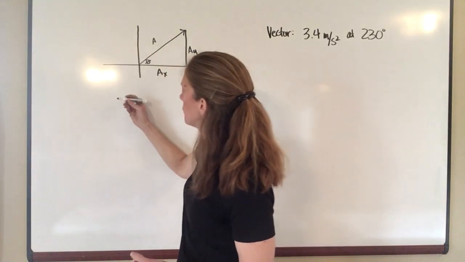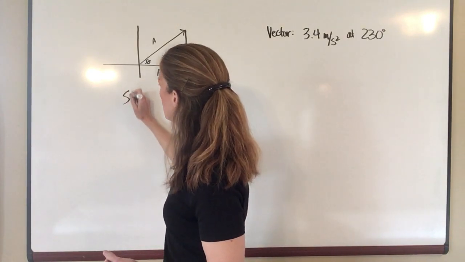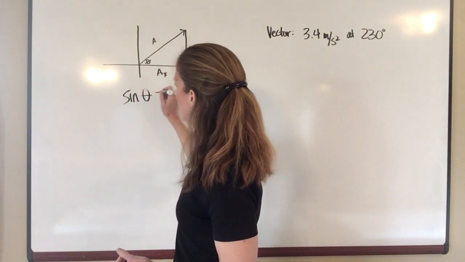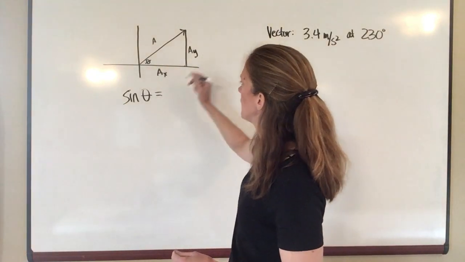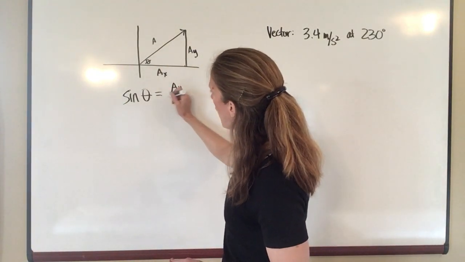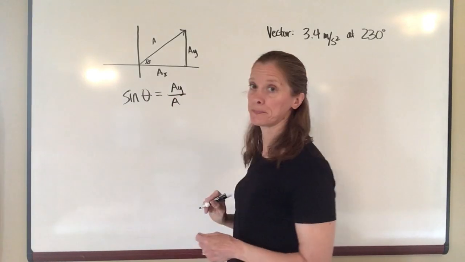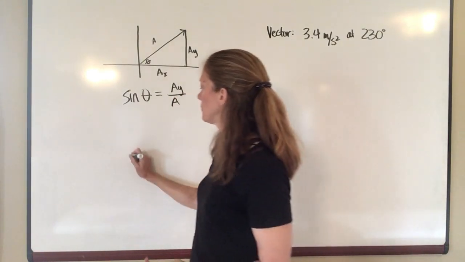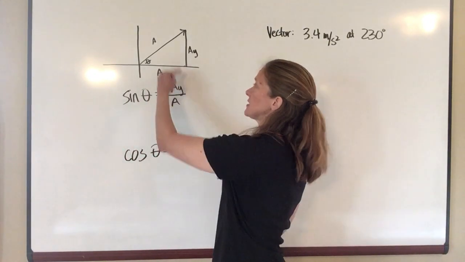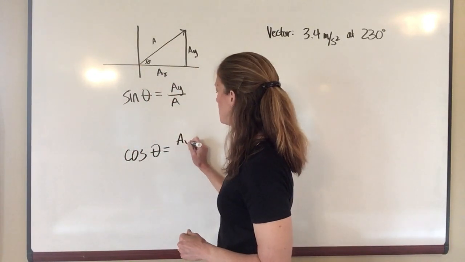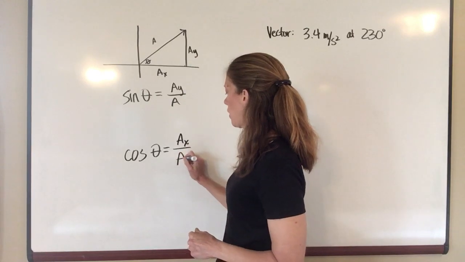Well, if you remember from trig, the sine of theta is the opposite over the hypotenuse. So the sine of theta is going to be A sub y over A. And the cosine of theta is the adjacent over the hypotenuse, so that's going to be the x component over A.